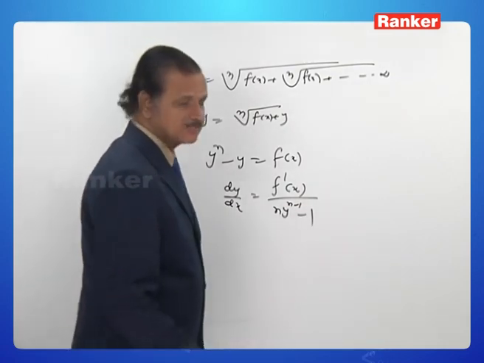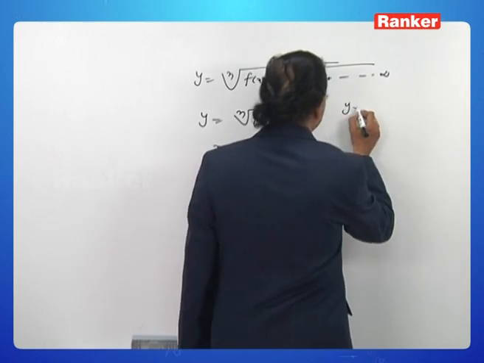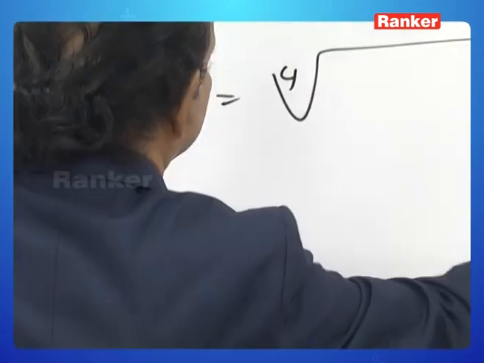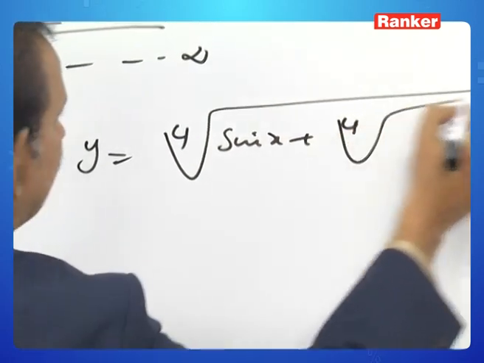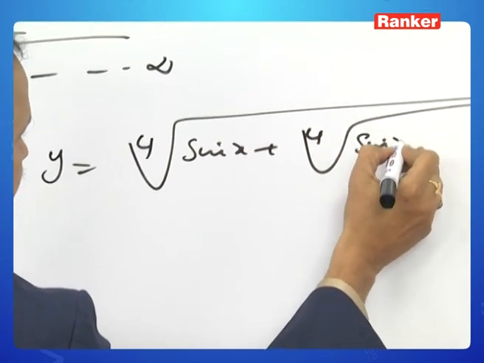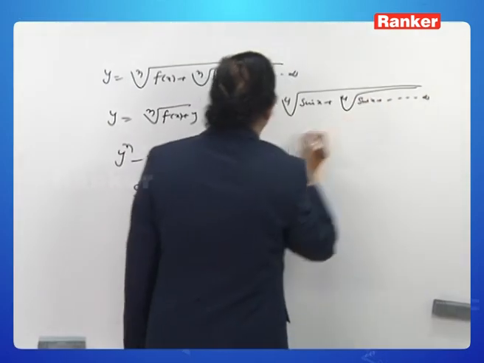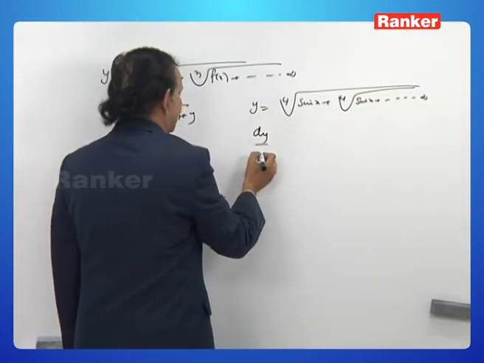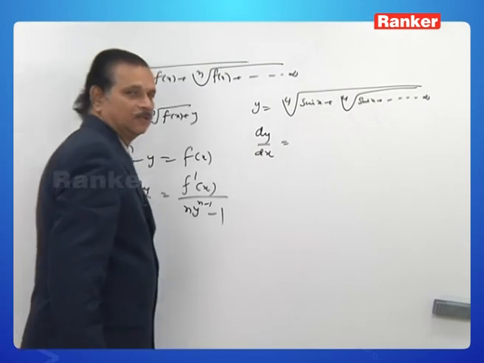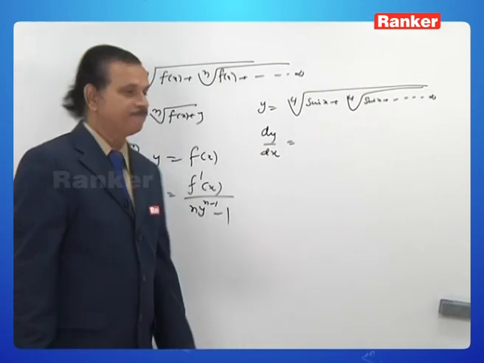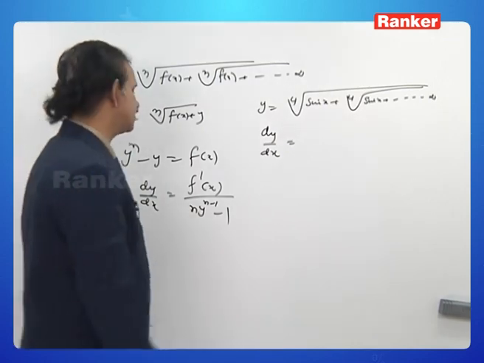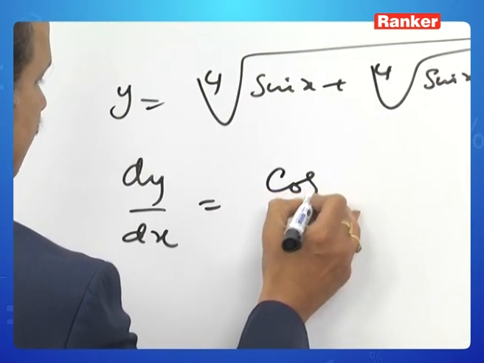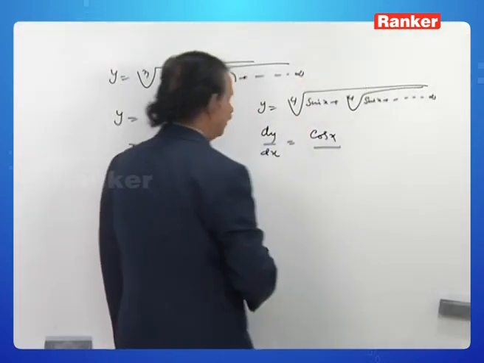Let us now use this to answer this. Y is equal to fourth root of sin x plus fourth root of sin x plus etc. to infinity. What is dy by dx? What are you having in the place of f of x? Sin x. Its derivative f dash x is cos x. Hence the answer is cos x by, n is 4, isn't it?